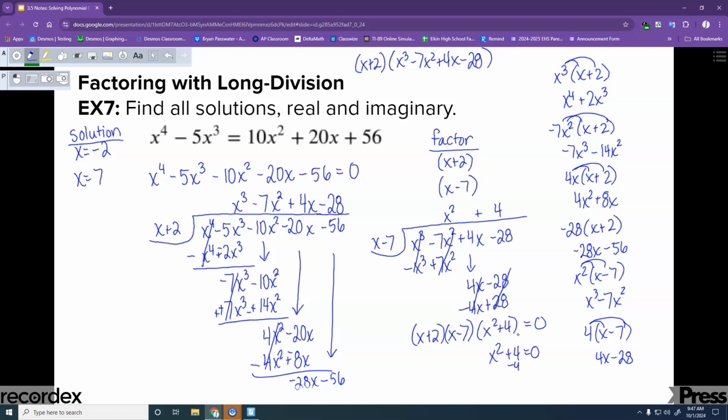We'll subtract 4. So x squared will equal negative 4. Then what do we have to do to get rid of a square? We will square root both sides. Oh, what is the square root of negative 4? 2i. And we'll have a plus or a minus with it because we square rooted both sides. So x equals positive 2i. X equals negative 2i.